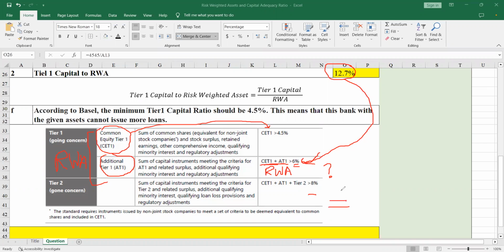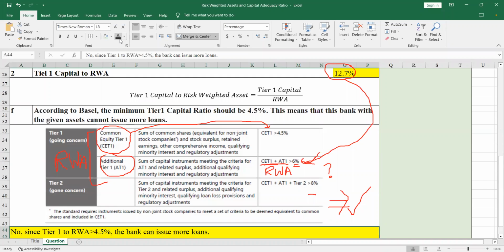Therefore, we can say there is no issue with the company. It is doing perfectly fine. So since the tier one to risk weighted assets is more than 6%, because it's tier one, the bank can issue more loans and take more deposits without any issue.